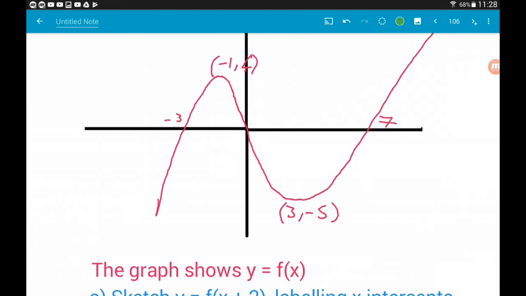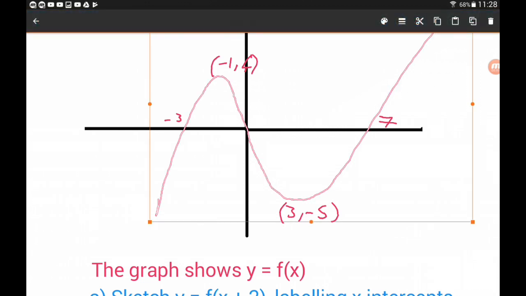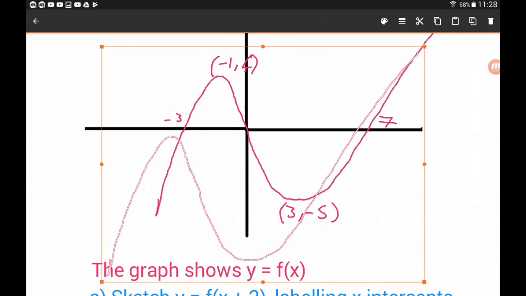The reason this one doesn't ask for x-intercepts is that we can't work them out because we don't know the function. They will never ask us to do what we can't do. Although actually I made this one up.